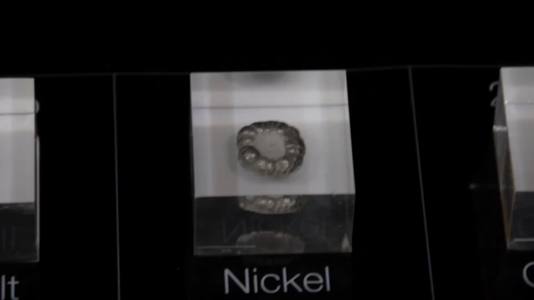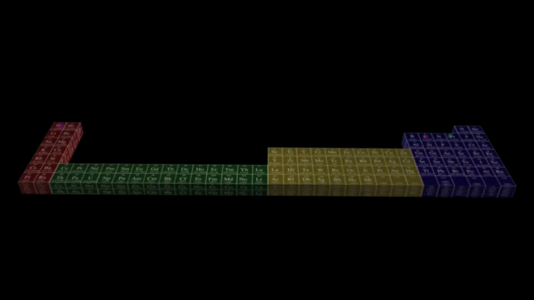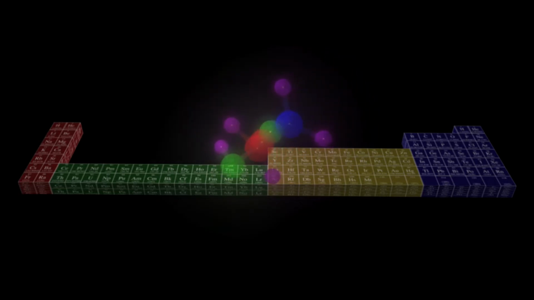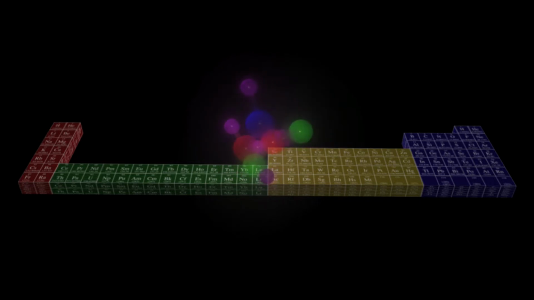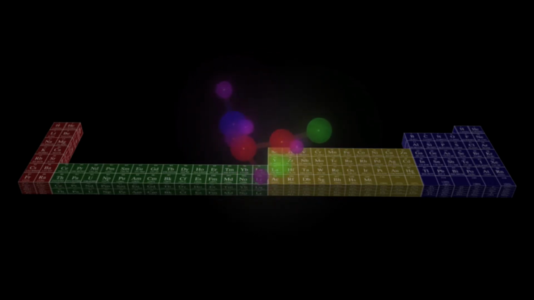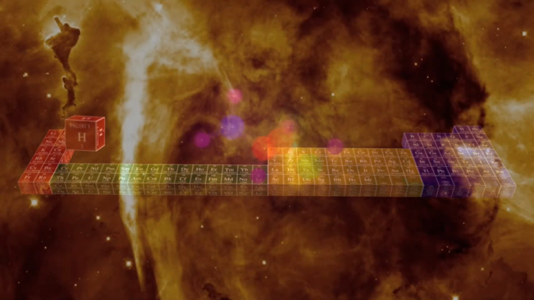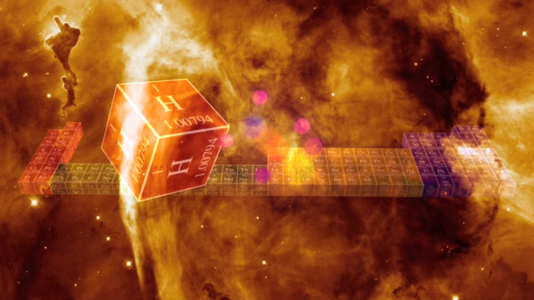Countless millions of other substances are made from combinations of these atoms. When atoms come together, they form bonds, and the resulting molecule or compound has a whole new set of chemical and physical properties. So let's look at chemical bonding and start with the most abundant atom in the universe, hydrogen.